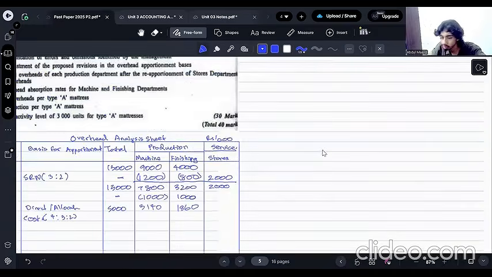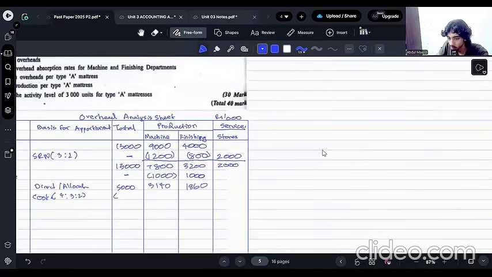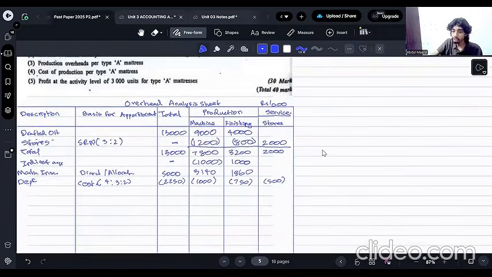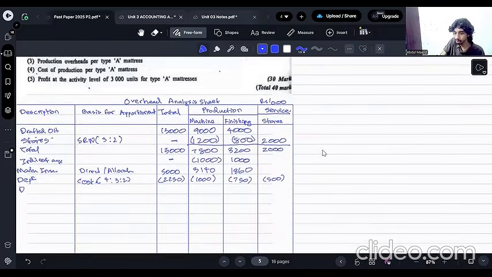Depreciation 2,250,000. If you are dividing 2,250 by the total ratio 4, 5, 6, 7, 8, 9, that gives 250 per part. You are removing 1,000 from machine department, removing 750 from finishing department, and removing 500 from stores. And now you are recording the depreciation based on the proposed new method, that is based on the carrying value.